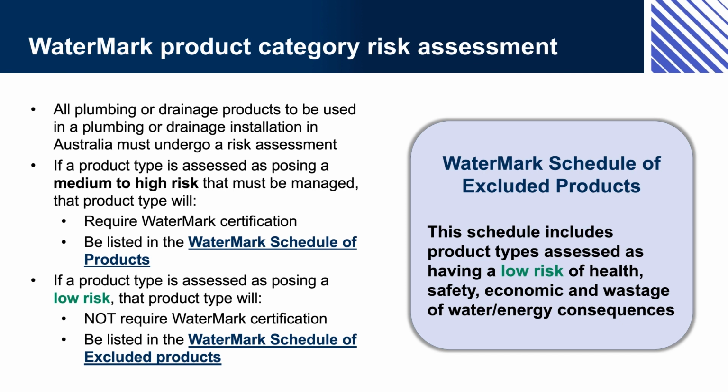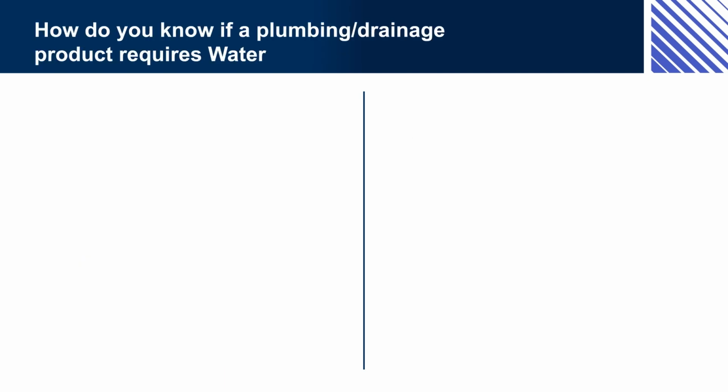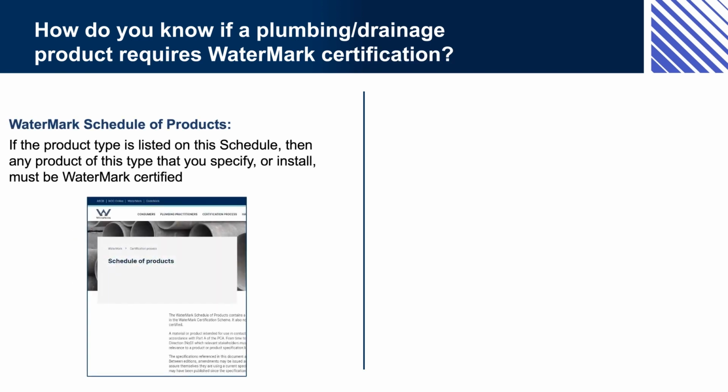The schedules don't tell you whether a specific brand, model of a product type actually has been certified. You need to look elsewhere for this information, which is the subject of a later slide. How do you know if a plumbing drainage product requires WaterMark certification? The WaterMark schedules can be used to identify whether you need to look for a WaterMark certified product for particular installations.